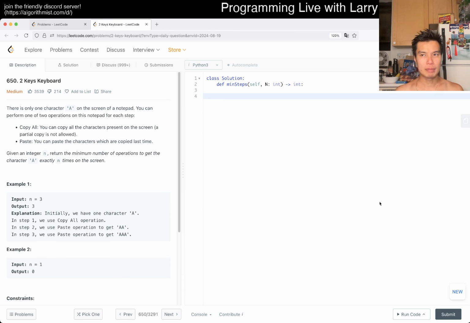Let's think about it. I think the 2 ways you can think about it is going from, well, what are the states? There are two things we're considering. One is obviously the number of characters on the screen, but the second one is the number of characters on the pasteboard, the clipboard, whatever it's called.